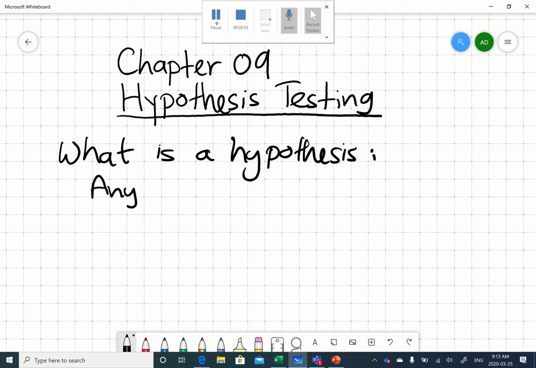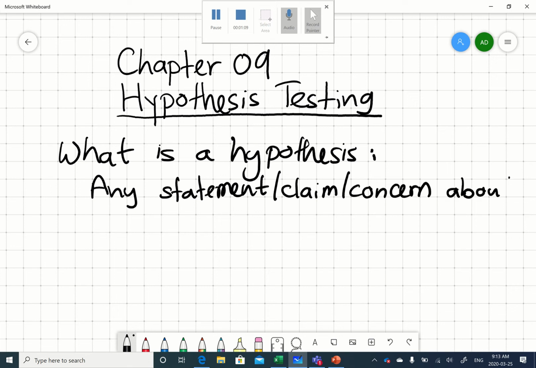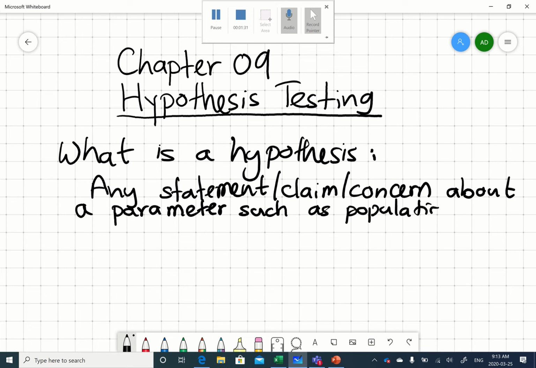So any statement, claim, concern about a parameter, such as the population mean or population proportion.